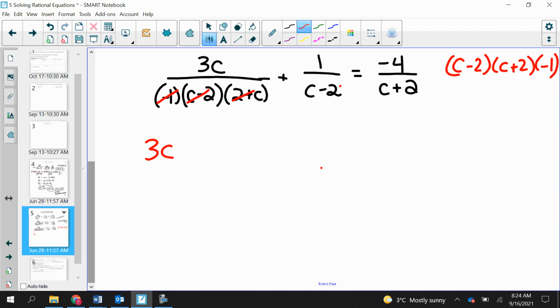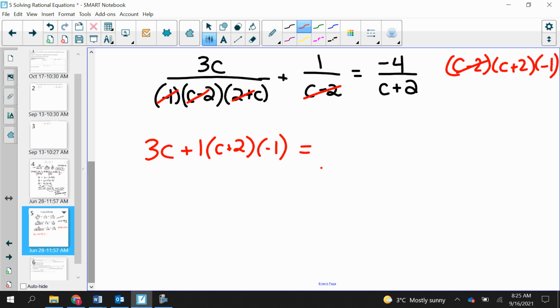With this next one, we're going to get rid of this c minus 2, but we'll have everything else still left. So it's plus 1 times c plus 2, and -1.